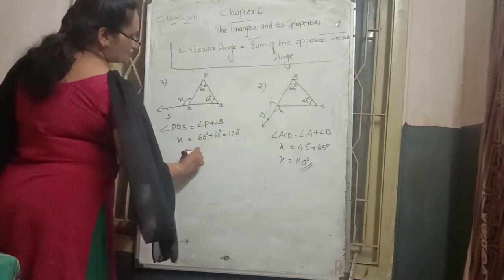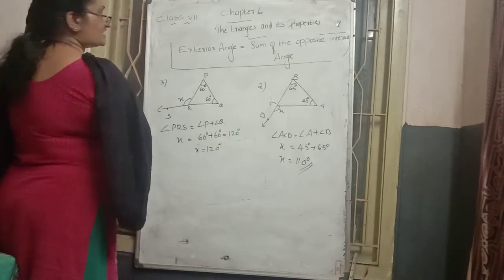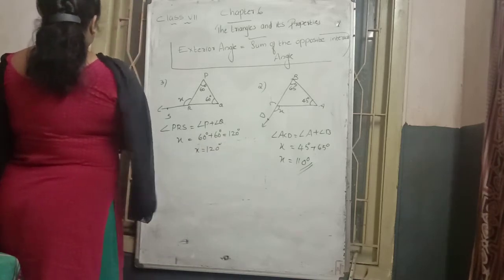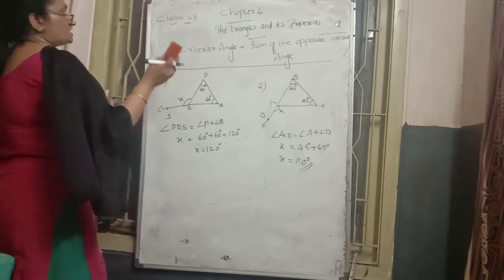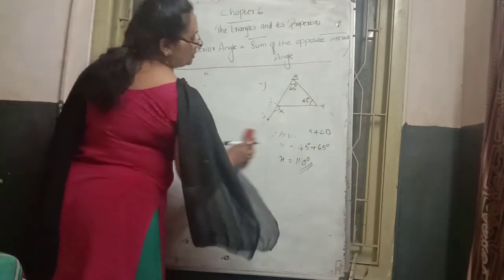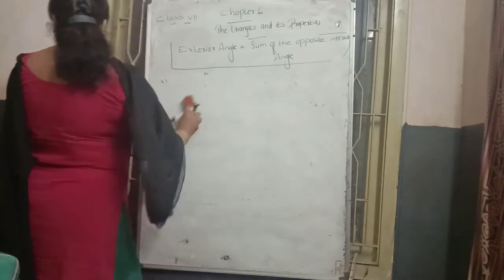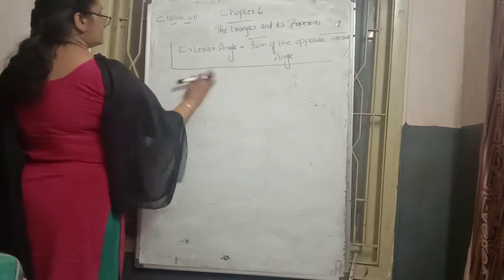Therefore the exterior angle x is 120 degrees. In this way we solve the first bit. Next, the second Roman numeral, where they ask us to find the unknown x when the exterior angle is given.